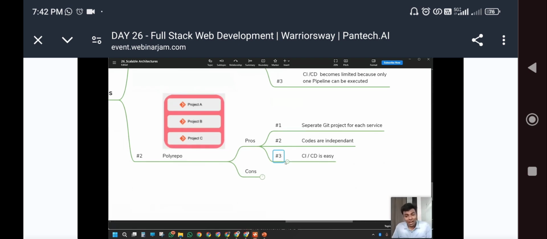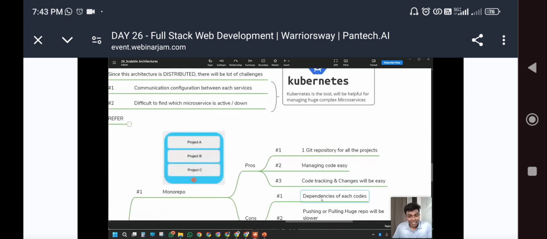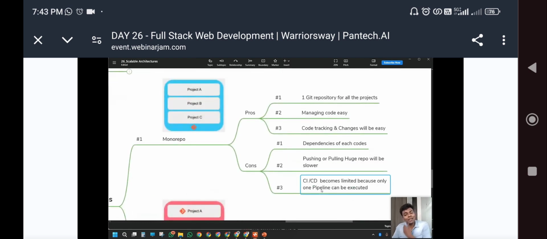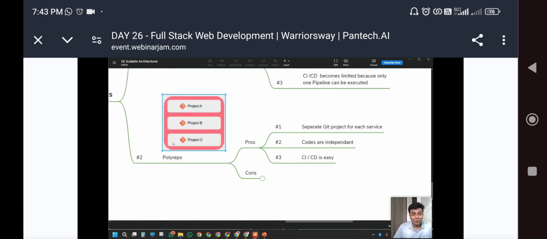And while talking about the third point, CI/CD is easy. Of course. Why? Because in a mono repo, there is one pipeline which is going to handle the CI/CD, continuous integration and continuous deployment, for the whole complete repository. But here we don't want to do that, because we have individual repositories.